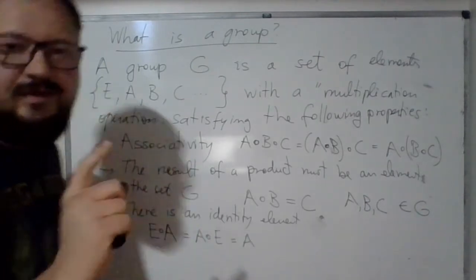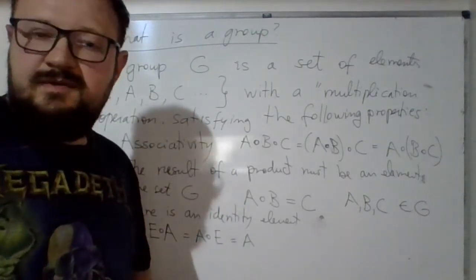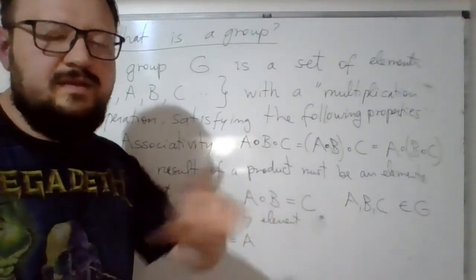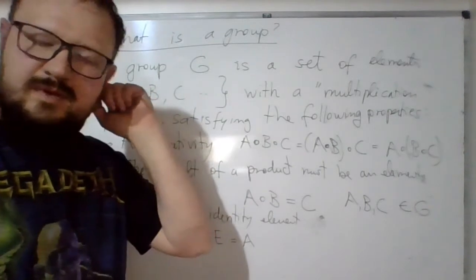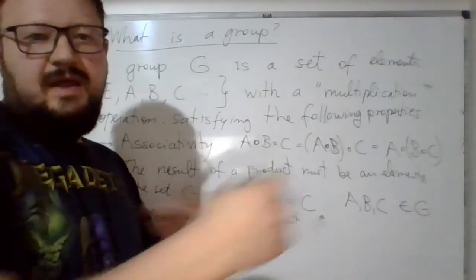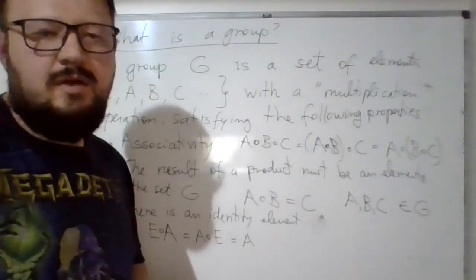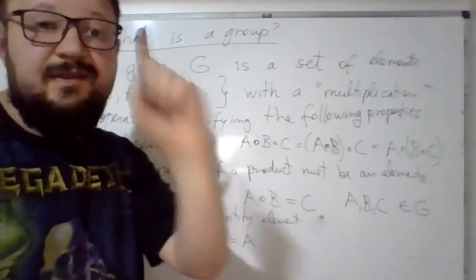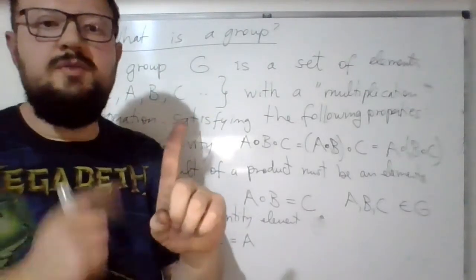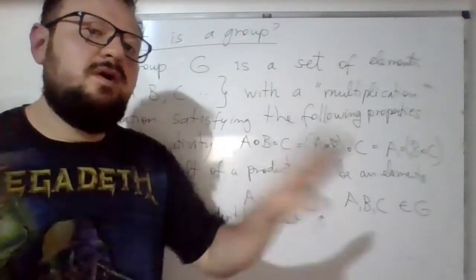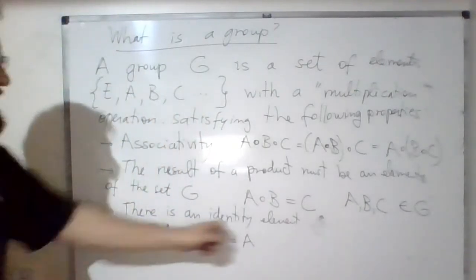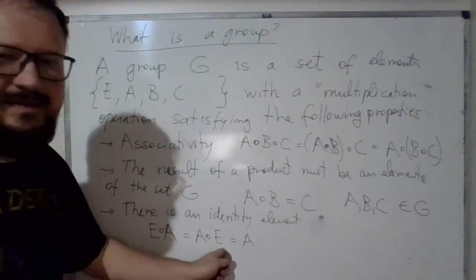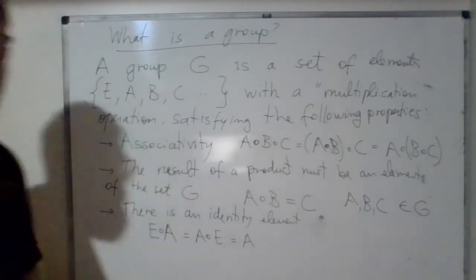In many groups, this is the only element which commutes with any other element of the group. Of course, you can have more than one element commuting with the other elements, but at least one commutes with any other element, and this element is the identity of the group. So this is called E, the neutral element of the group.